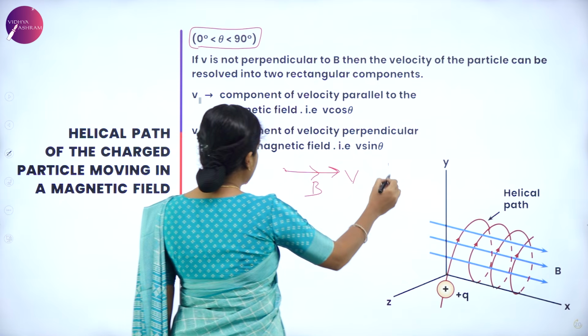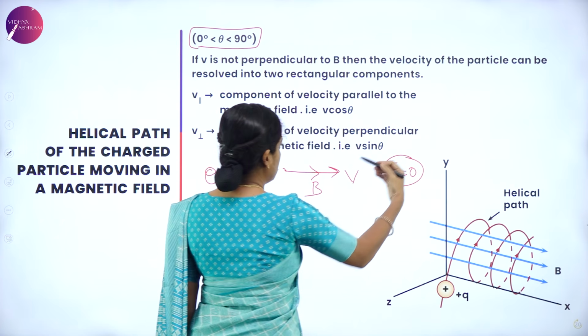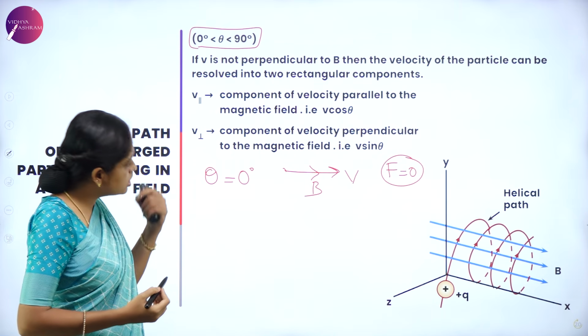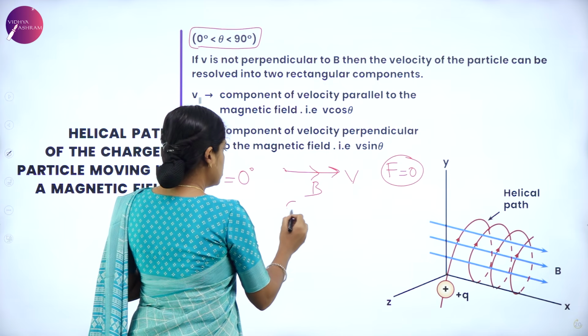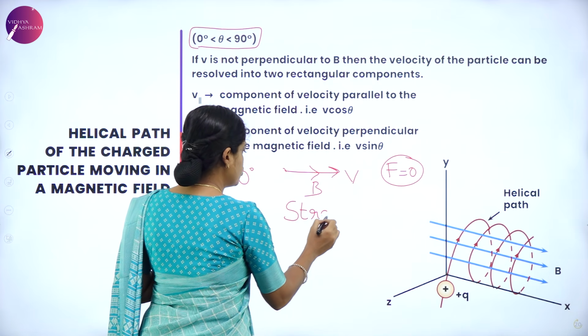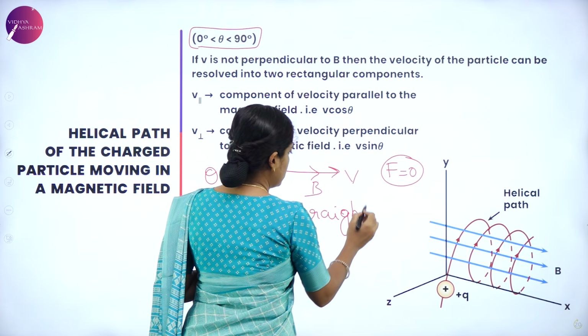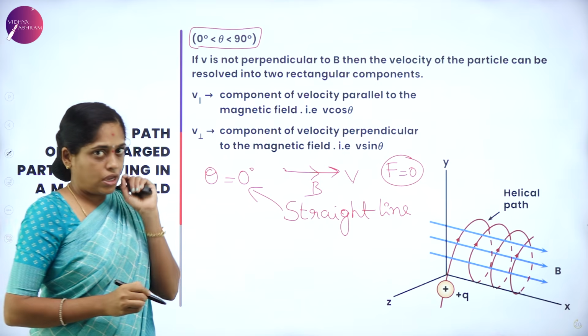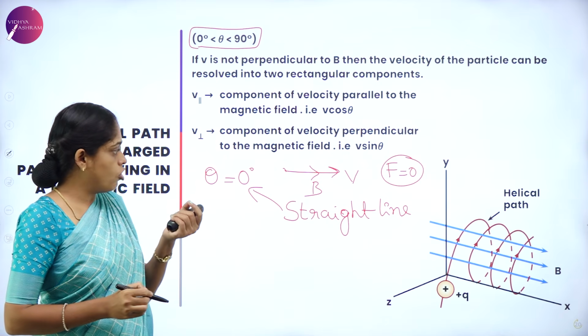So, no force acts on this charge. When there is no force on the moving charge, it follows the same path, that is, if it is moving in a straight line, it follows the straight line. So remember, when theta is equal to 0 degree, the path followed by the moving charge is a straight line.